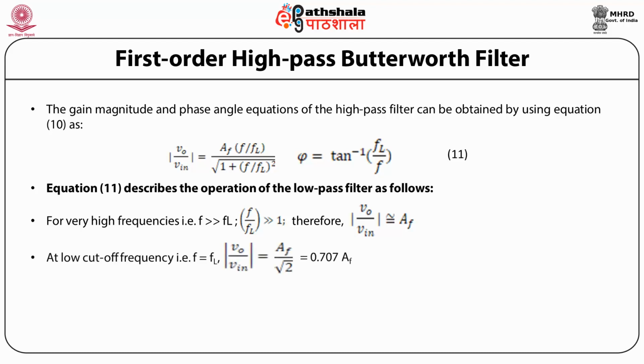Second, at low cutoff frequency, that is f is equal to fL, modulus V0 by Vn is equal to AF divided by square root of 2, which equals 0.707 into AF. Third, for frequency lower than the low cutoff frequency, that is f much less than fL, modulus of V0 by Vn is less than AF.